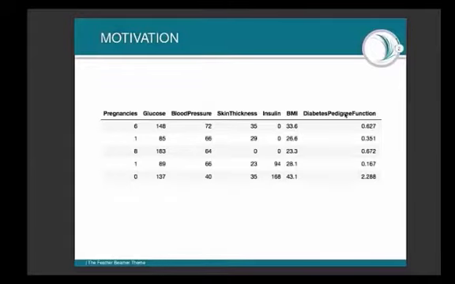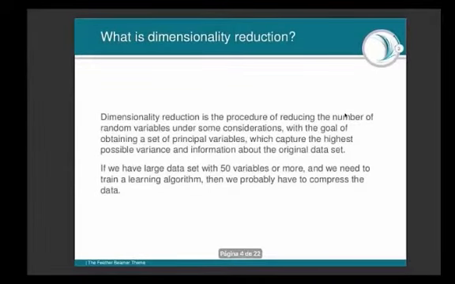Sometimes, most of these features are correlated and hence redundant. What can we do to improve our classifier? What is dimensionality reduction?